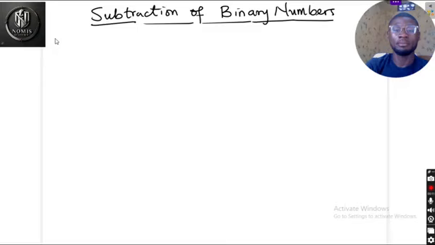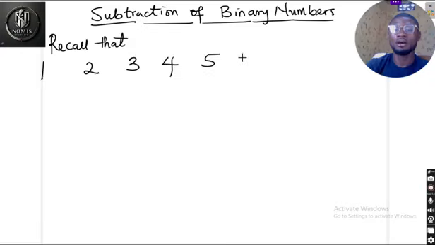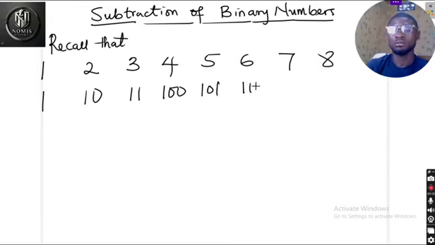that in binary numbers, 1, 2, 3, 4, 5, 6, 7, 8, and so on are just 1, 10, 11, 100, 101, 110, 111, 1000, like that.